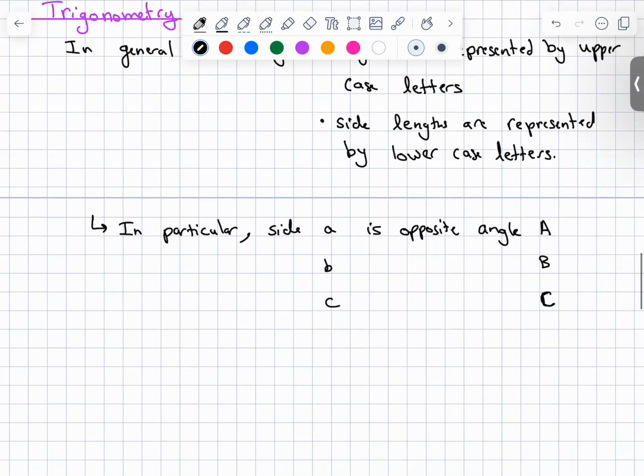So, the picture of this: I'm going to draw a decently large triangle, specifically a right triangle.